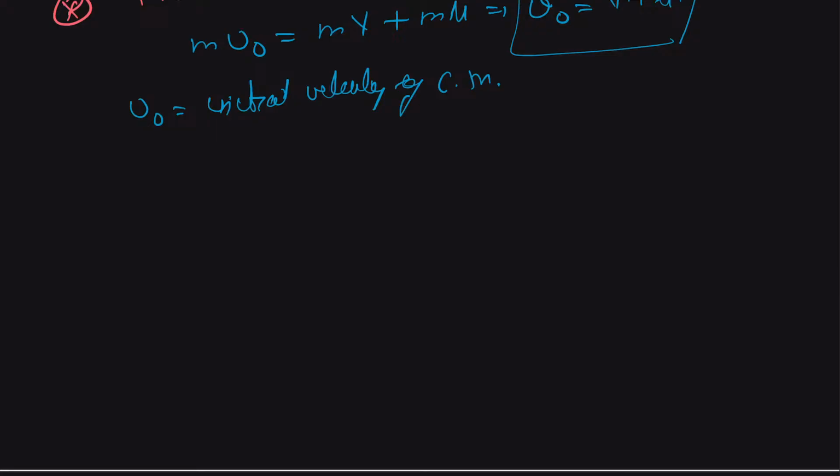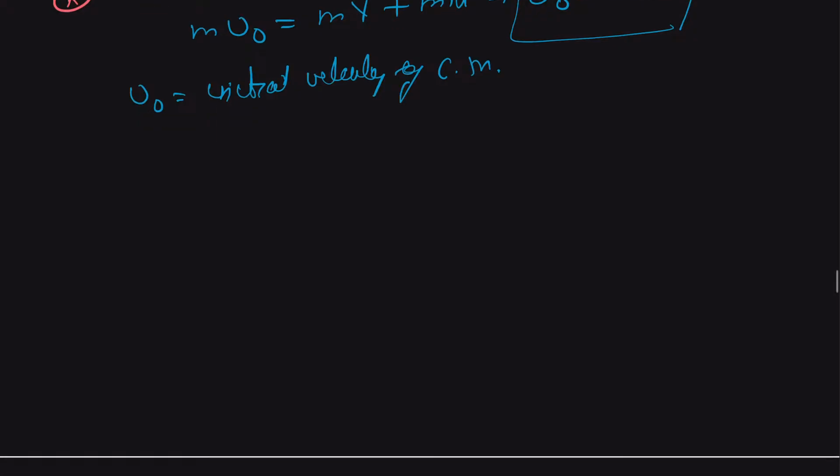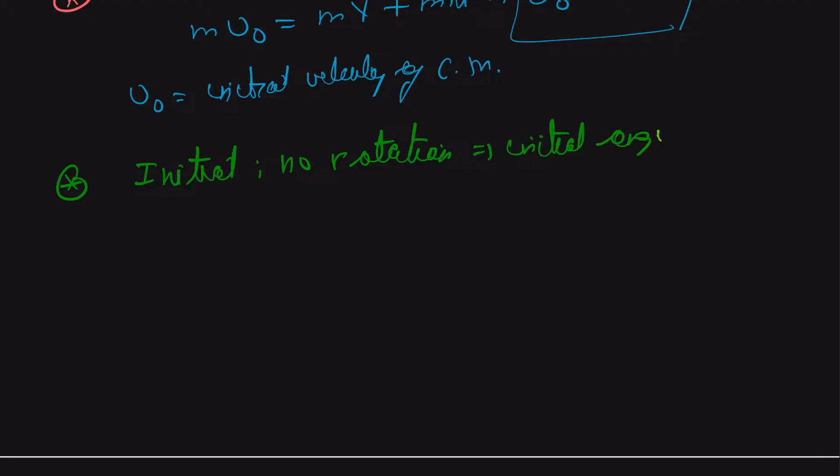Okay. And we can write the angular momentum equation also. So we can say initially there is no rotation, therefore initial angular momentum of stick is equal to 0.